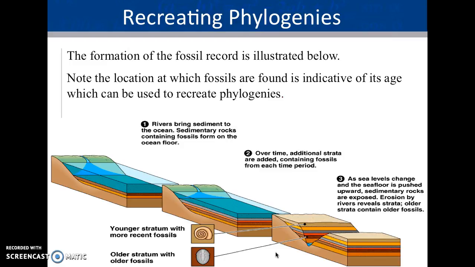The way that these fossils are formed is rivers bring sedimentary rock over fossils that are located anywhere, can be in the ocean floor. Over time, they start to solidify into sedimentary rock. We have things fossilizing. Eventually, water goes away, and then we have our sedimentary rock exposed, and we can dig down and take a look at all the different strata, the layers of soil.